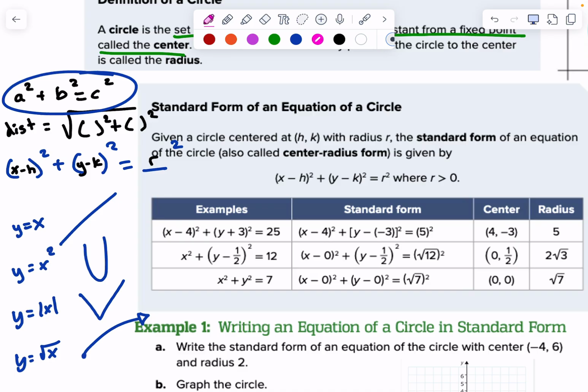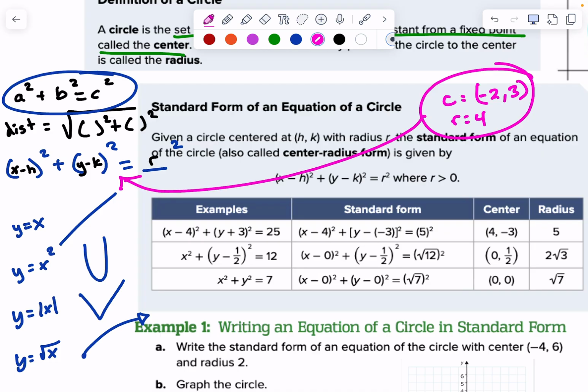Let's say I have a circle whose center is at (-2, 3), and the radius is 4. Those are the only 2 pieces of information that I need in order to create the equation of the circle. That equation is going to look like x minus h. So if h is already -2, it's going to be +2.